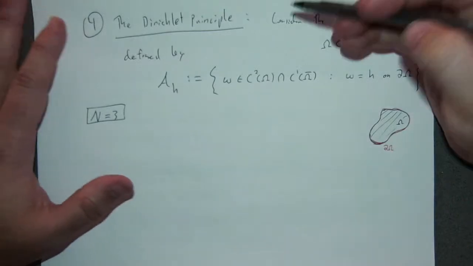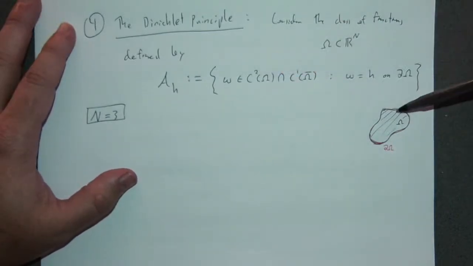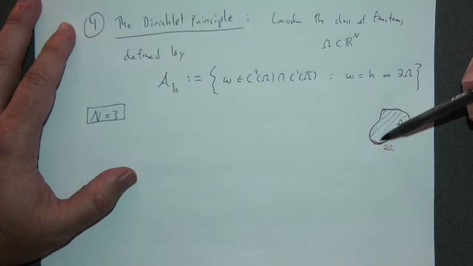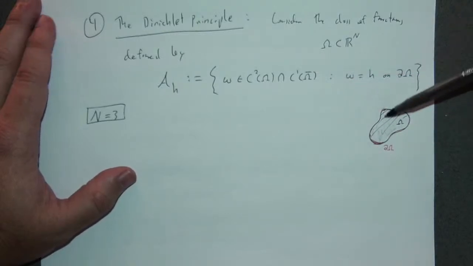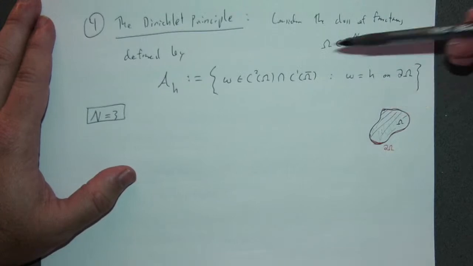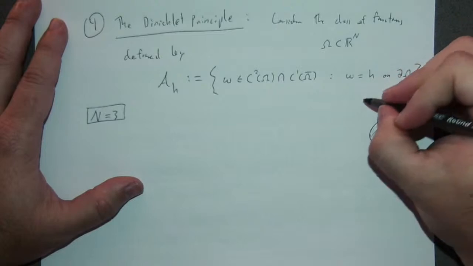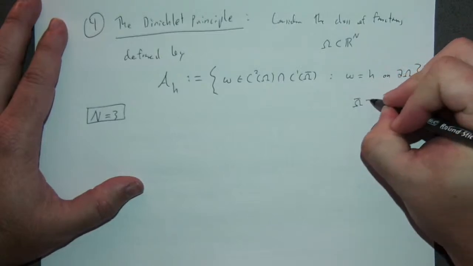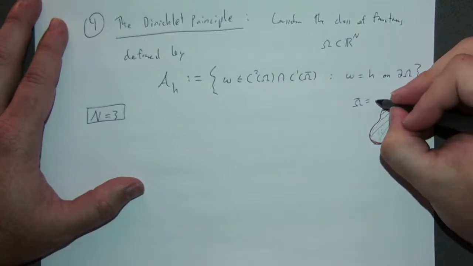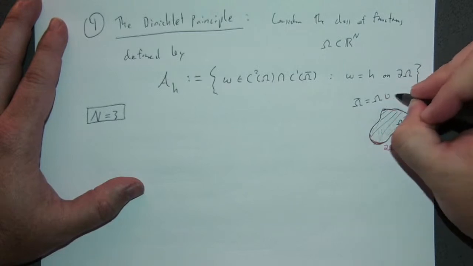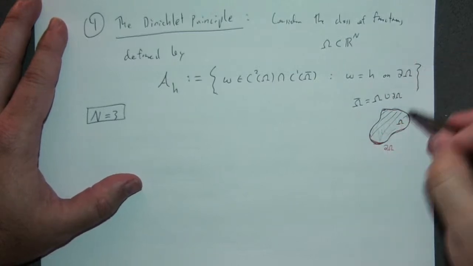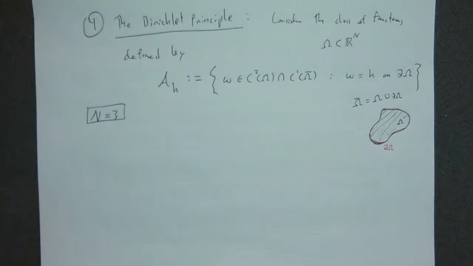Saying that our function is C2 on omega is saying that it's C2 on all of this interior region. And it's C1 up to the boundary, meaning it has one continuous derivative up to the boundary. Of course, the boundary is included in omega bar, so omega bar is omega union the boundary, everything. And then w is equal to h on this boundary.